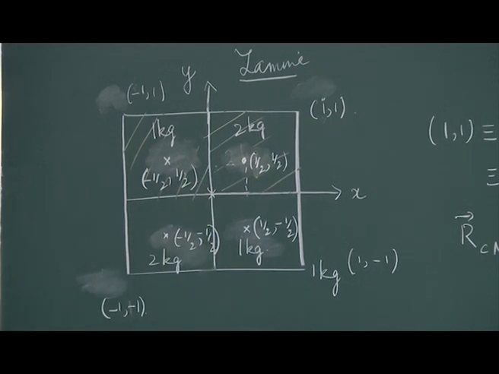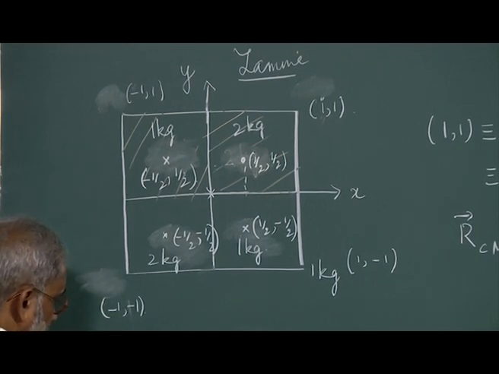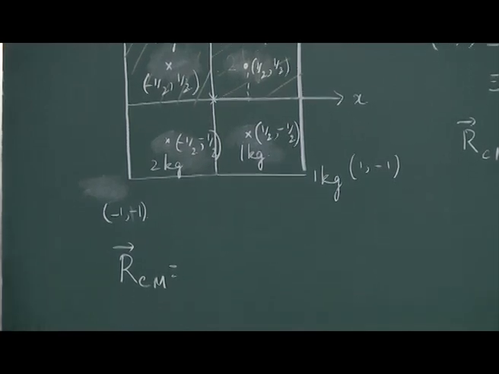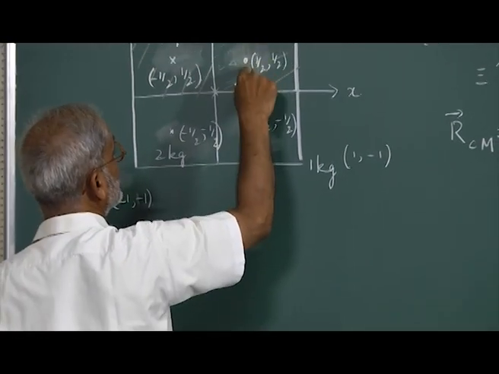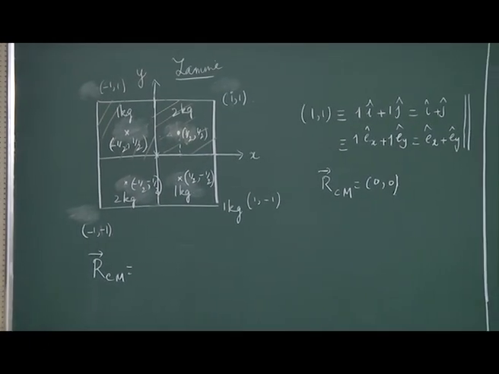So, you can check whether you have done the calculations correctly. Now, the center of mass of this system is equal to, this whole mass is represented by this particular point, that is where this 2 kilograms is concentrated.